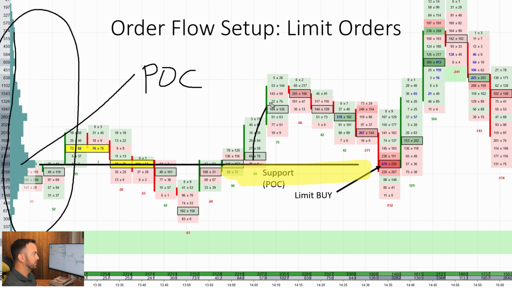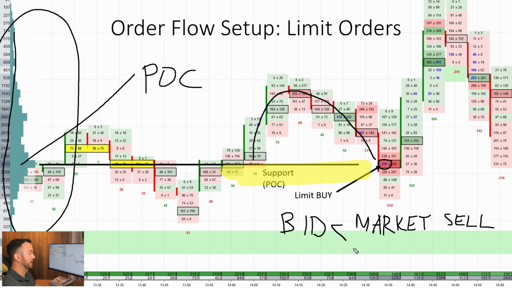So price goes away from the point of control, makes a pullback to it, and as it hits the point of control, 678 contracts show up at the bid. And again, you need to think, is this a market sell or is it a limit buy?